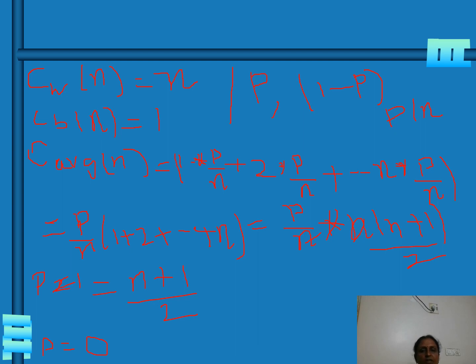If you substitute p equal to 0, it will again take n. So the worst case efficiency is n, the best case efficiency is 1, and the average case efficiency is equal to n plus 1 by 2.